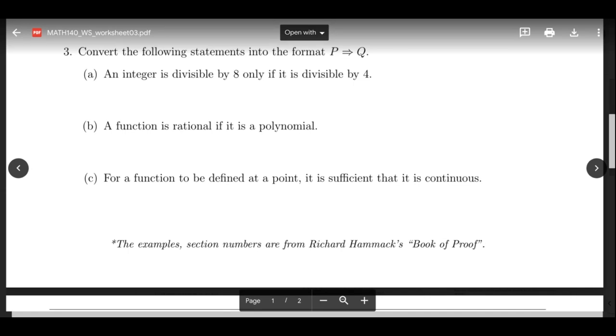Okay, Patrick is saying P is: if it's divisible by 4, then it's divisible by 8, right?